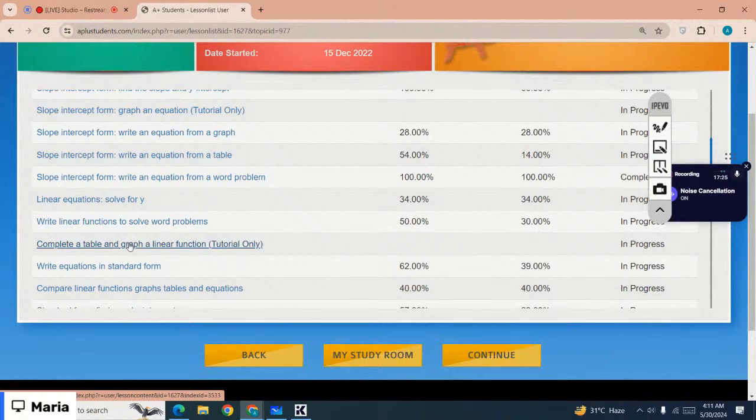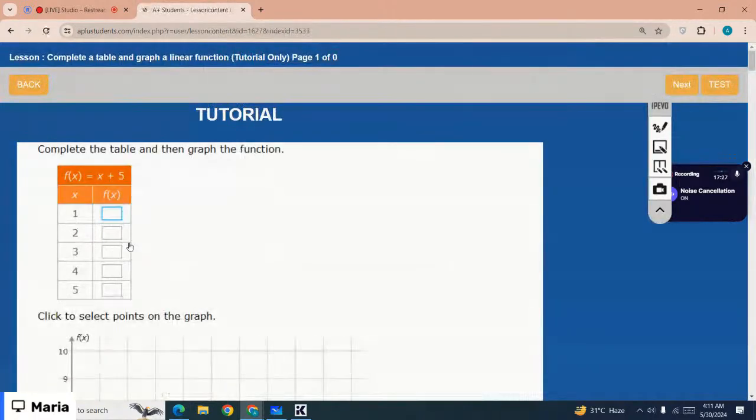Let's just start with the lesson. You have to complete the table and then graph the function, right? You are given the equation that is f of x equals x plus 5. So let's just complete the table first, then we'll plot the graph, right?